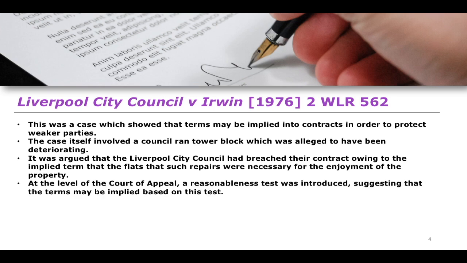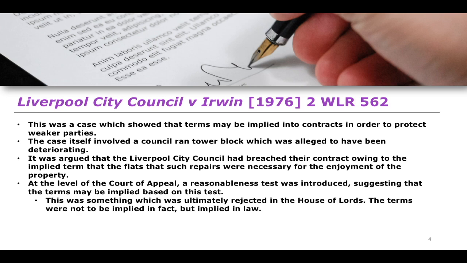At the level of the Court of Appeal, what was introduced was something of a reasonableness test, a reasonable standard, which is of course an objective standard test, for suggesting how terms may be implied through law into a contract. They suggested that the terms may be implied on the basis of this test. This was ultimately rejected by the House of Lords, however.